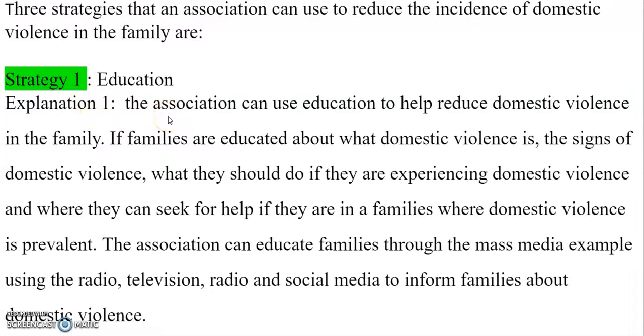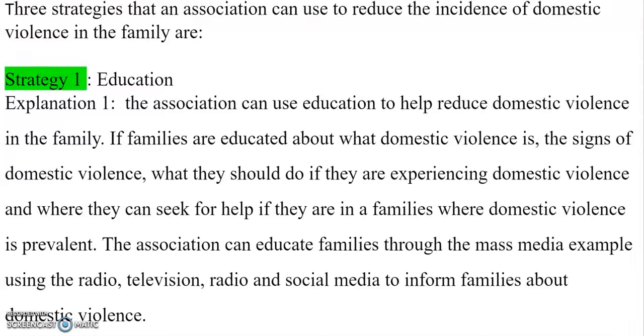The association can use education to help reduce domestic violence in the family. If families are educated about what domestic violence is, the signs of domestic violence, what they should do if they are experiencing domestic violence, and where they can seek help if they are in a family where domestic violence is prevalent, right?